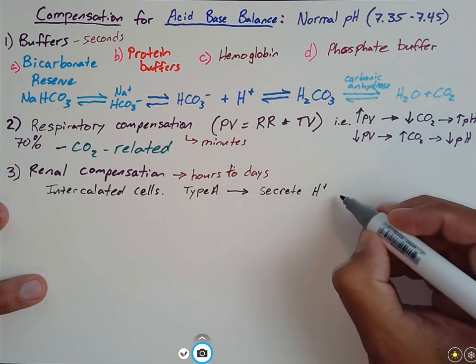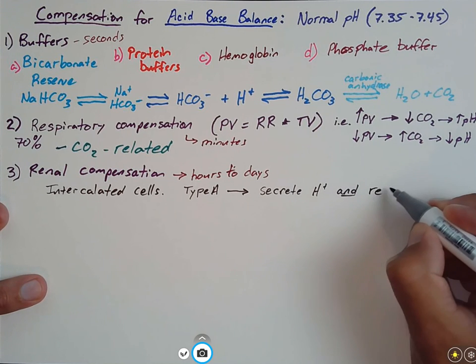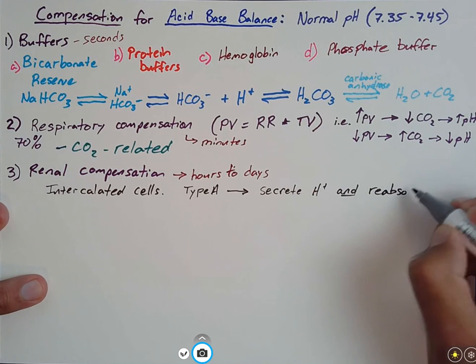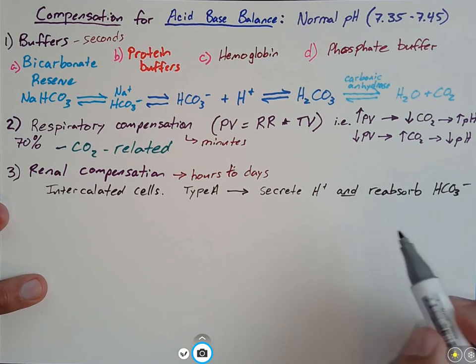And at the same time, they're helping with the reabsorption of bicarbs. Right? On the apical surface, we're secreting hydrogens.